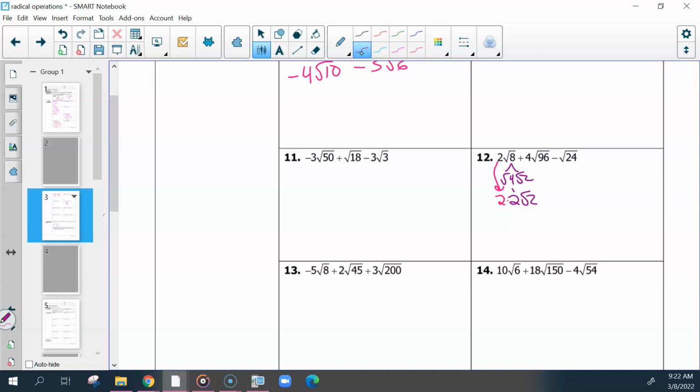What is the highest perfect square we can divide out of 96? 16. 16 and what? 6. Okay, 16 and 6. That would be 4 times the square root of 6.